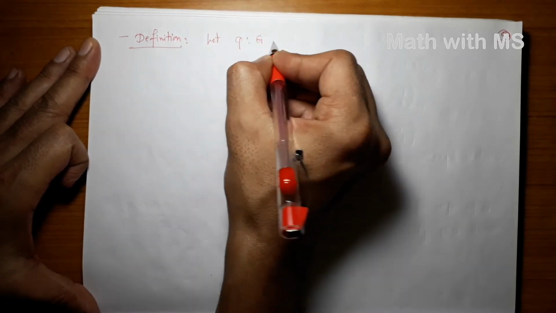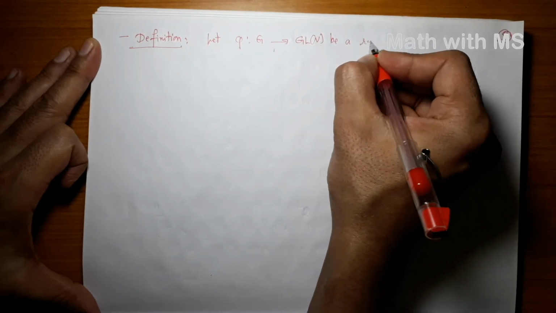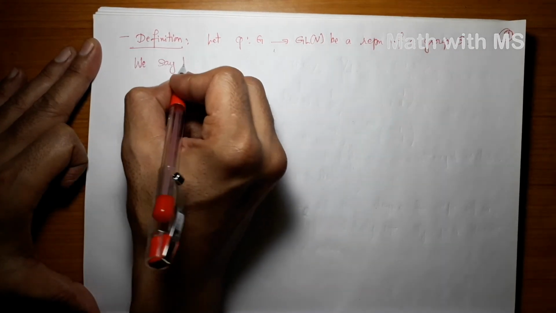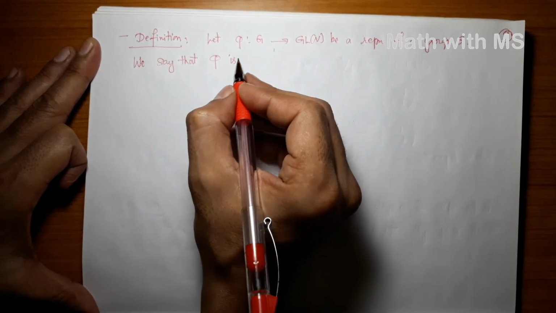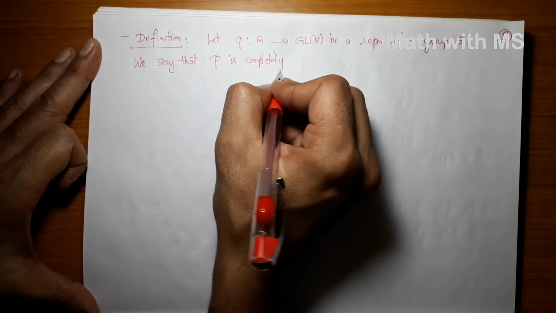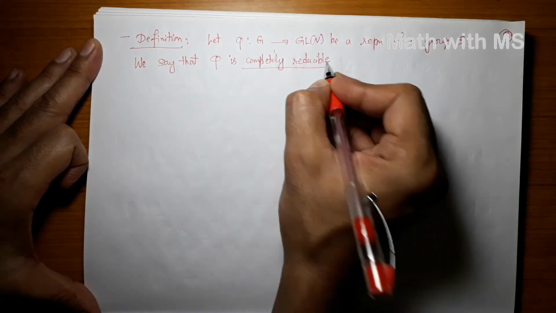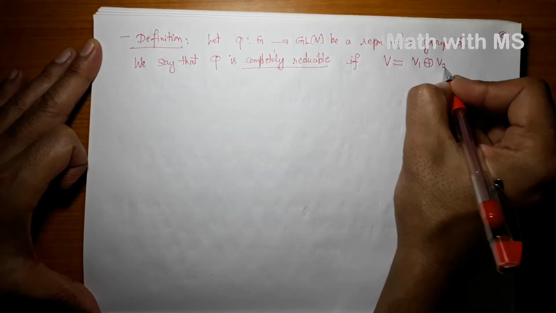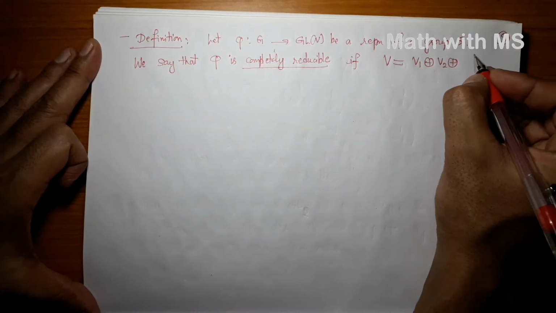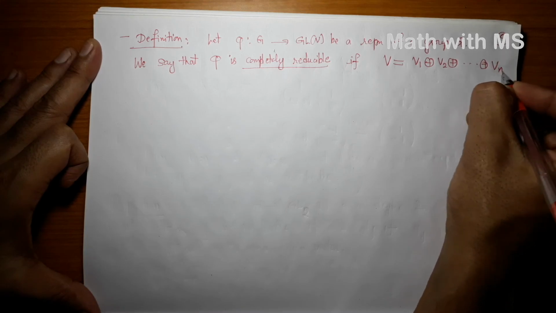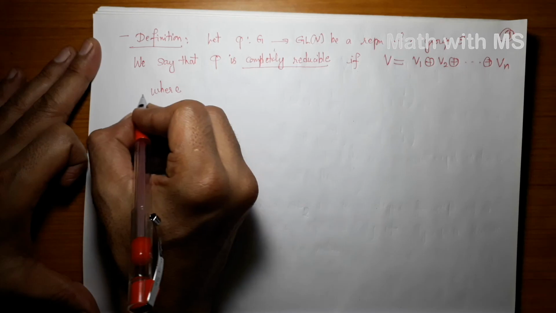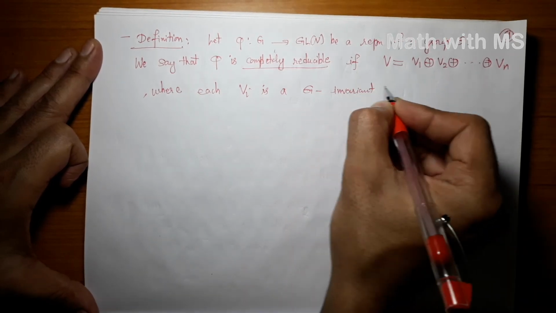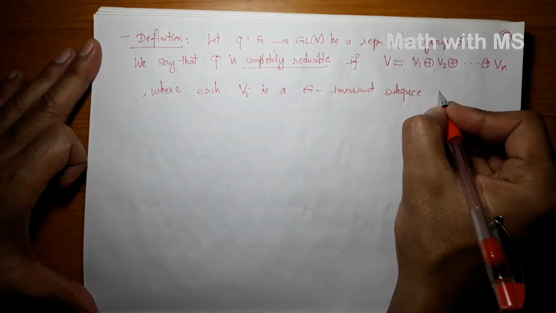Let phi from G to GL(V) be a representation of a group G. Then we say that phi is completely reducible if we can write our vector space V as a finite internal direct sum of invariant subspaces, of course our vector space is finite-dimensional, so it has to be finite, where each Vi is a G-invariant subspace.